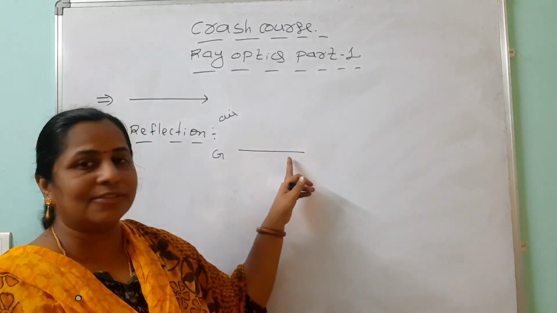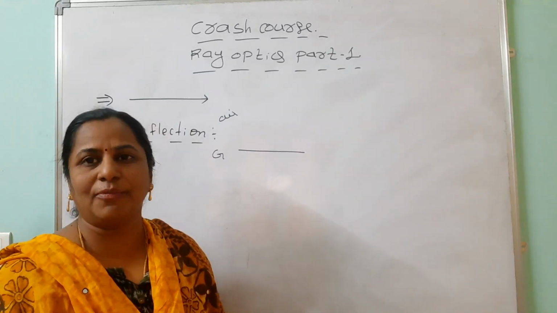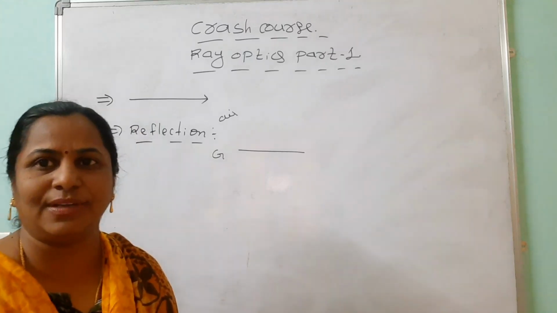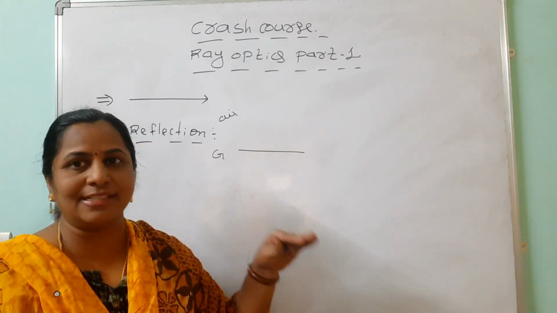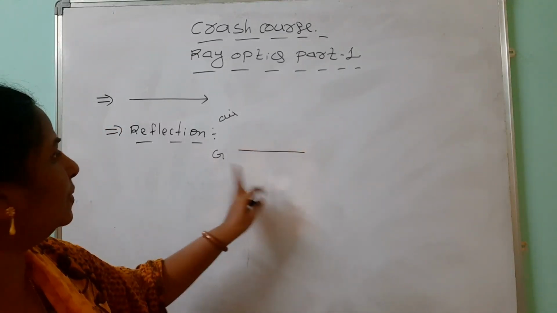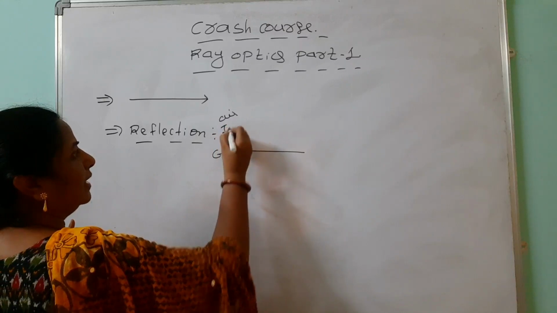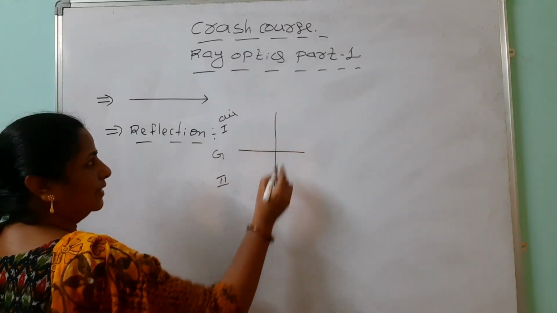This surface separates the two media. You can say medium 1 and medium 2. You can take water and glass, or air and water. Any two media are separated by one surface. This is the partition of the two media. This is the normal to the surface.